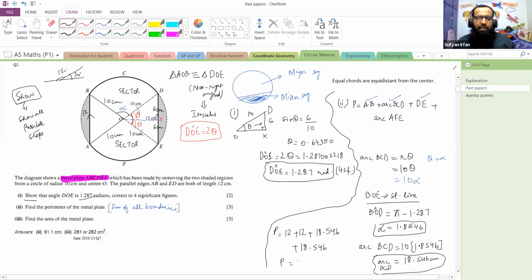The perimeter is 61.092, which rounded off to three significant figures gives us 61.1 centimeters, as is the answer given in the marking scheme and in the examiner report. 61.1 centimeters, correct to three significant figures.